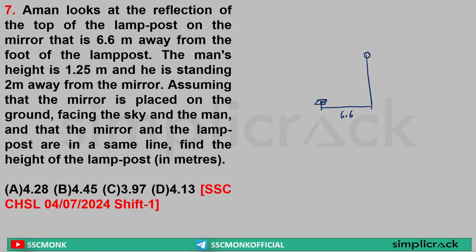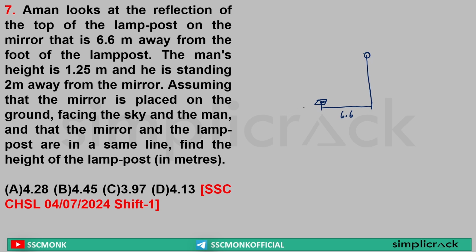Not an issue. It is saying the man's height is 1.25 meter and he is standing 2 meter away from the mirror. The man is how far away from the mirror? 2 meter. Not an issue. Assuming that the mirror is placed on the ground facing the sky, the man, the mirror and the post are on the same line.